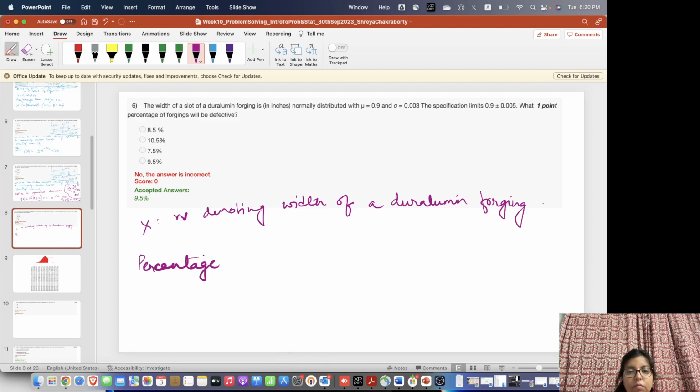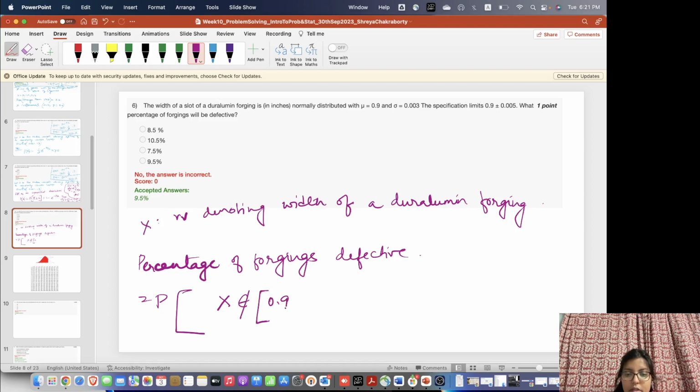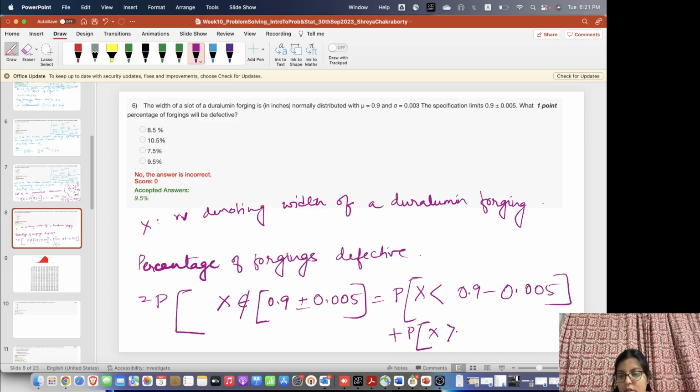The percentage of forgings defective is equal to the probability X does not belong to this limit, 0.9 plus minus 0.005, which is equal to probability either X is less than 0.9 minus 0.005 or probability X greater than 0.9 plus 0.005.